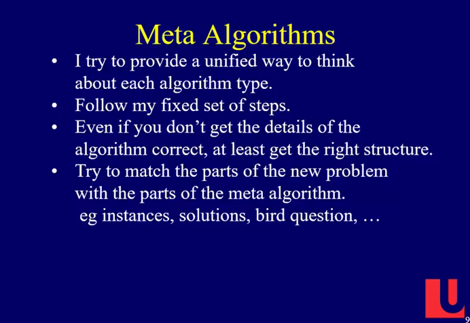You say, what's the input? Well, like the greedy algorithm, the input's going to be a bunch of objects. And maybe in dynamic programming, the input's just one object, but it's likely a bunch of objects. So anyway, the first question you should ask is, I read the question, what is the input? The second question you should ask is, what is the solution?